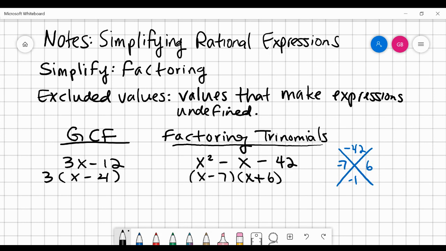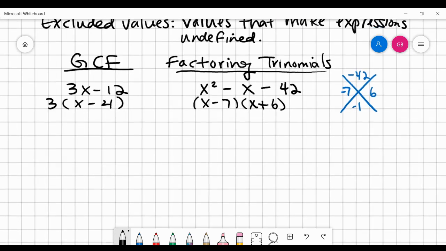Now we're going to use this to simplify rational expressions. Remember, when we say rational expressions, we're thinking about fractions. So let me show you an example now.